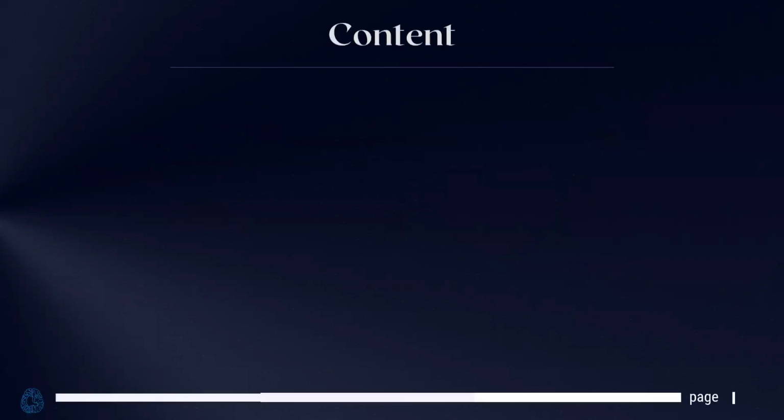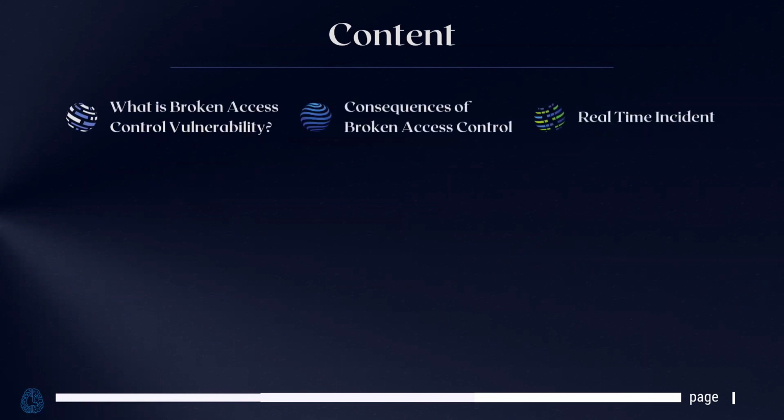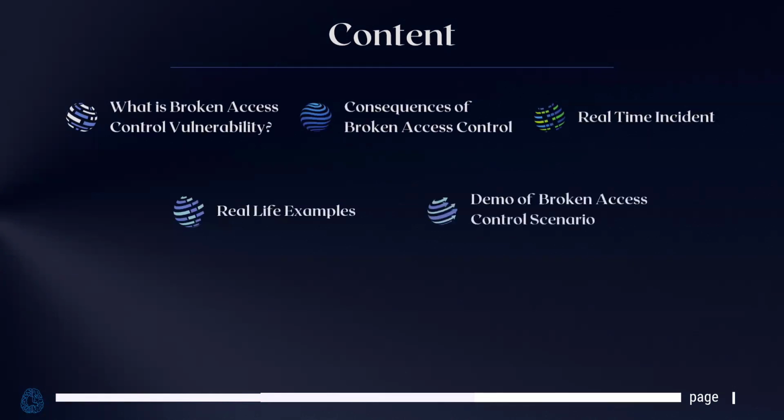First, let's see the content table. What are the contents we are going to see in this presentation? Firstly, what the broken access control vulnerability is, and what the other aspects and causes of it are. Then the consequences of the broken access vulnerability, real-time incidents and real-time examples, and then a demonstration of broken access control scenarios based on a few labs.